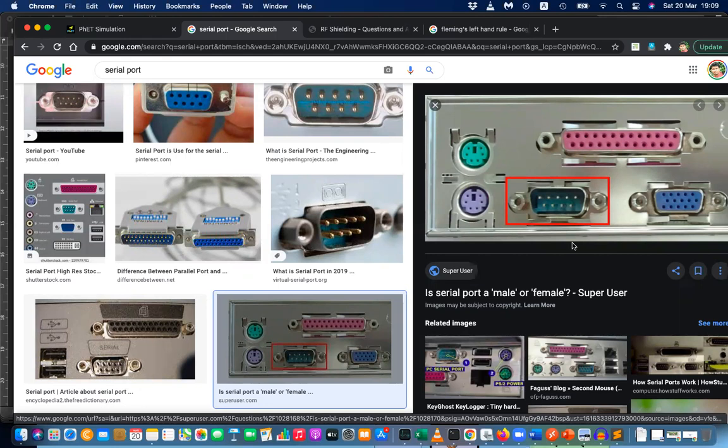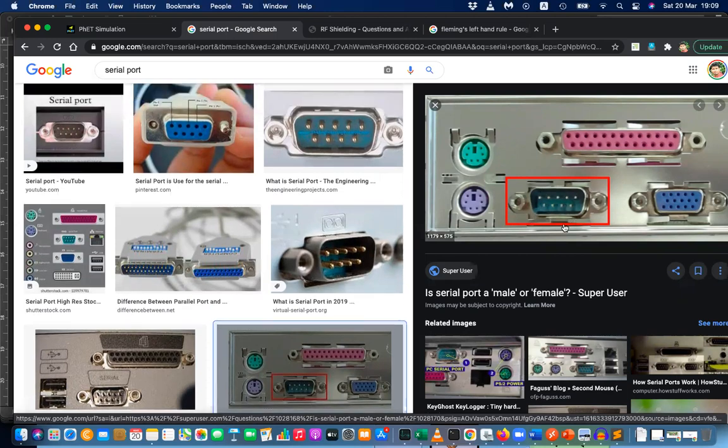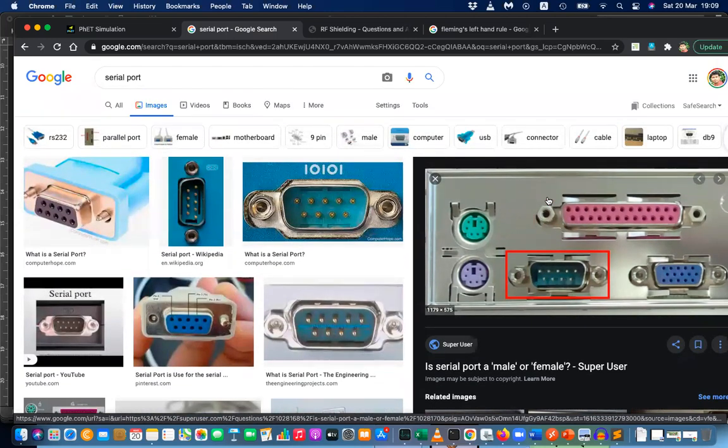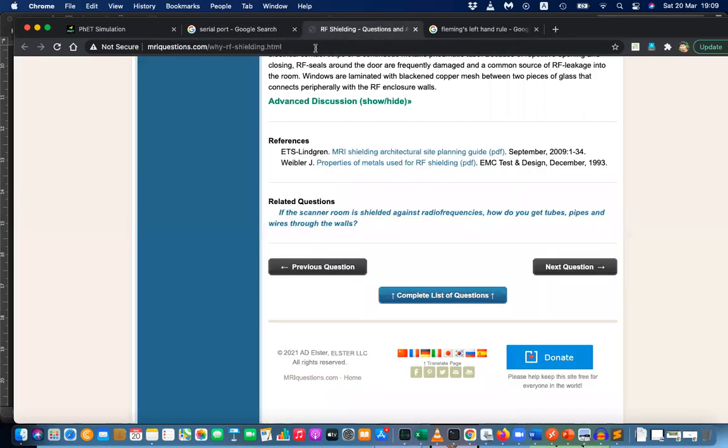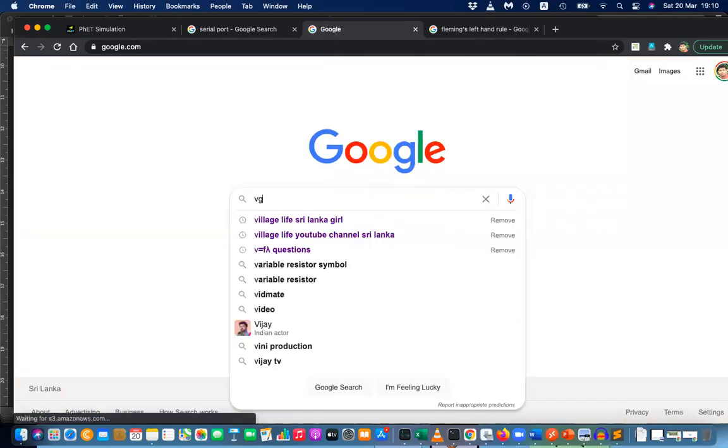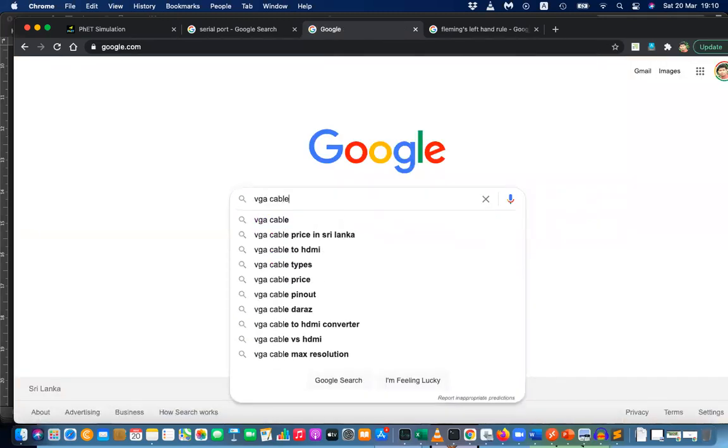So you know what? I have seen some students. These ports look like the same size. This is clearly a male port. I have seen some students connecting, let me take another Google. VGA cable.